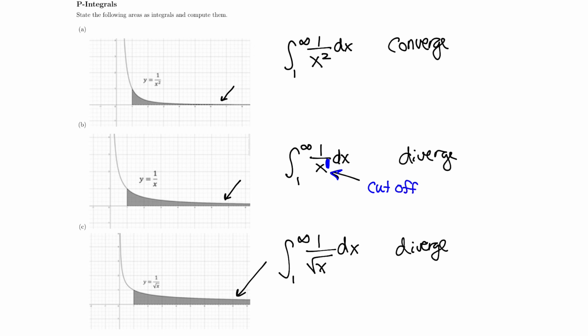If your power is anything bigger than 1, then it satisfies the condition that when you take the antiderivative, you'll get something that converges.